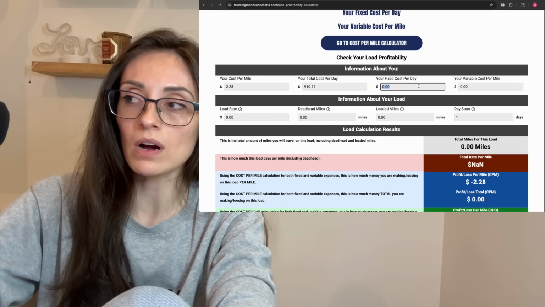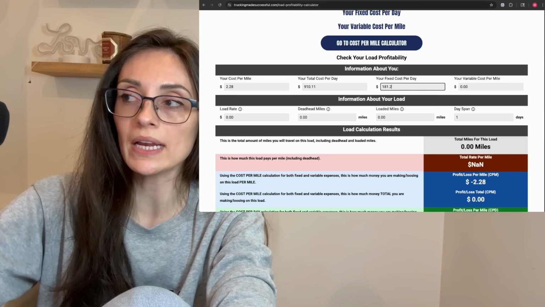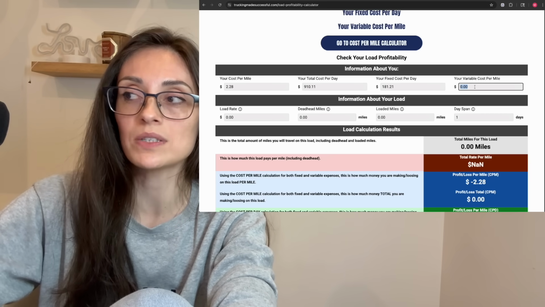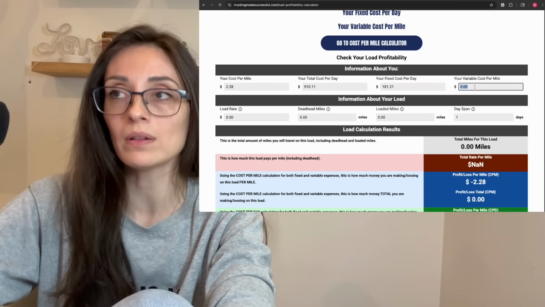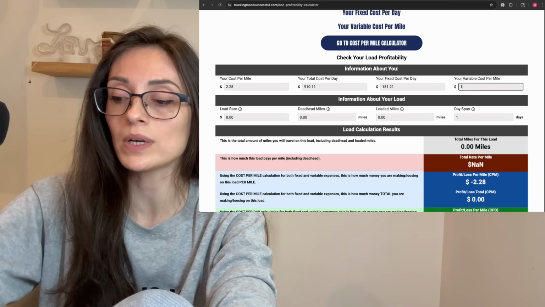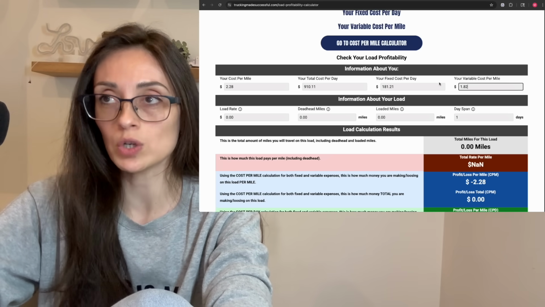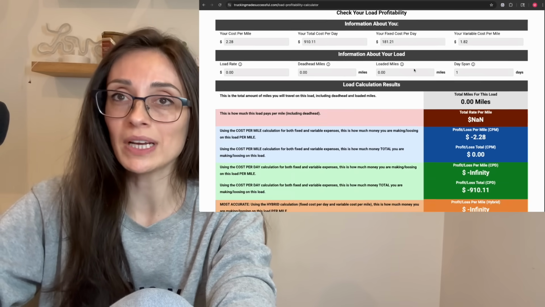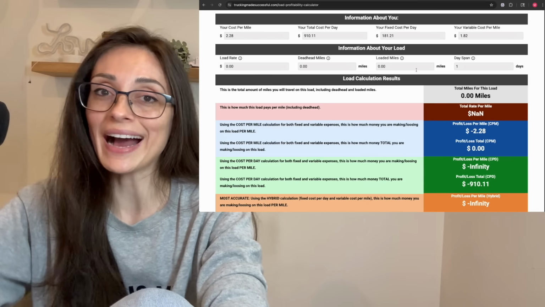The fixed cost per day was $181.21, and the hybrid cost for variable cost per mile, the variable cost per mile was $1.82.